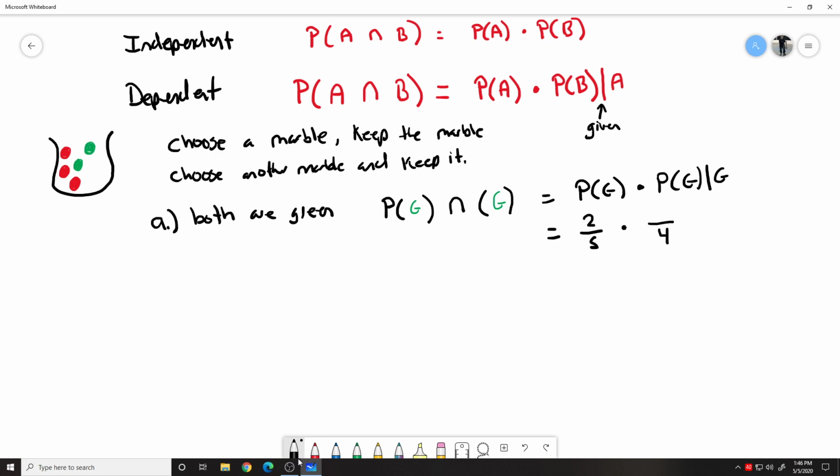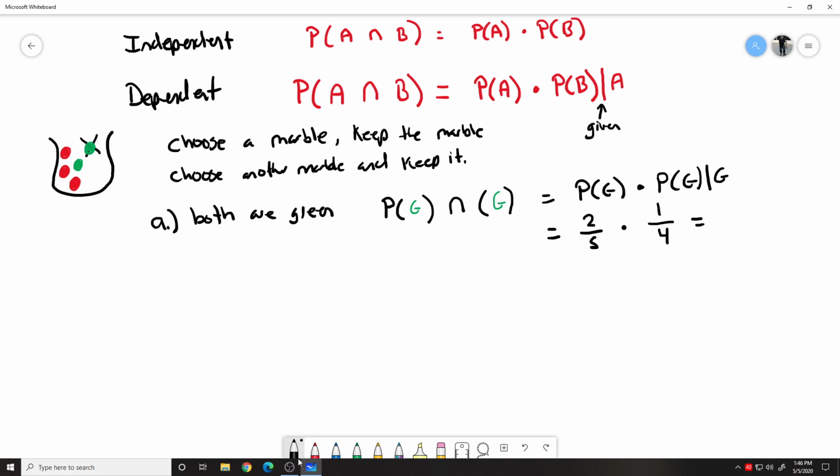Remember, we've taken one of the green marbles out, so you want to put an X over it or do something to show that one of them's gone. There's only one green marble left at this point. So now instead of a 2 out of 5 chance, on my second pick I only have a 1 in 4 chance.